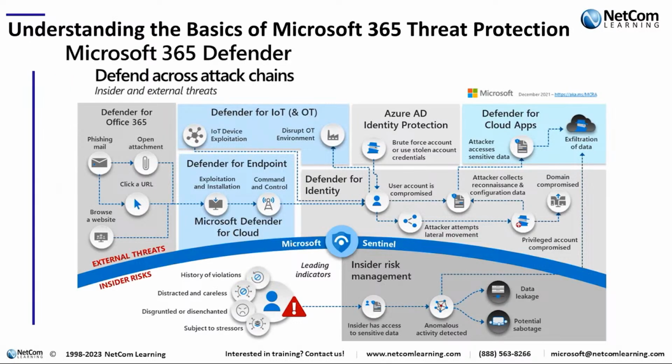So first of all, let's take a look at what exactly makes up Microsoft 365 threat protection. In previous versions of Windows, prior to cloud deployments, we had a tool called Microsoft Defender. Microsoft Defender started off as a Windows antivirus tool that eventually moved its way into including checking emails, also doing threat protection against various web addresses and those sorts of things.